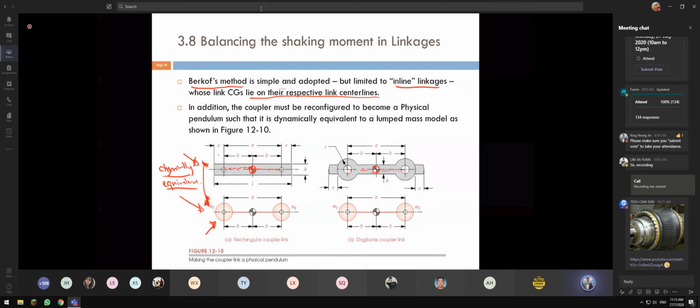For example, this is a rectangular bar, the pin is there, so I can model this into two masses, M1 and M1, here with the distance of P. If you calculate the I and the center of gravity, they are actually the same between these two as well as this.